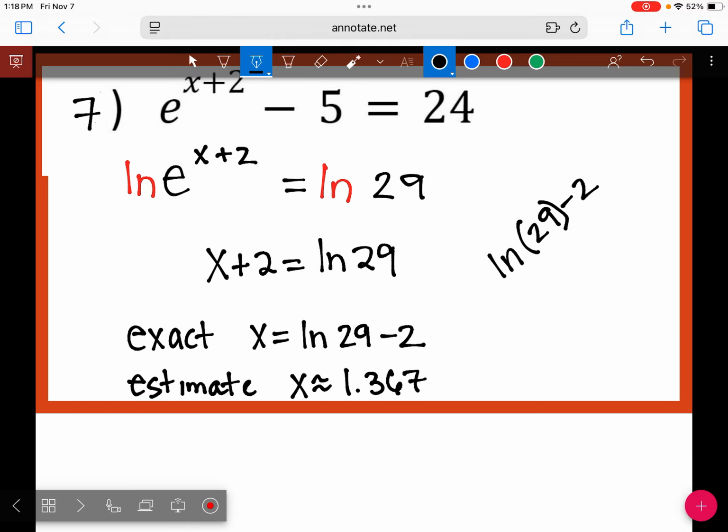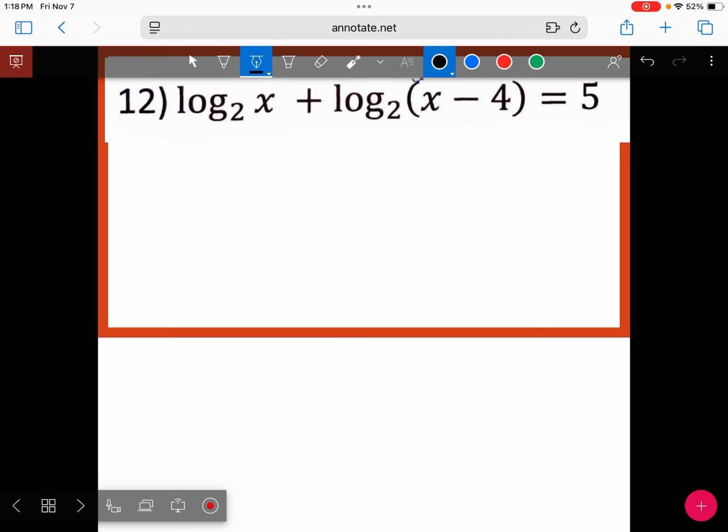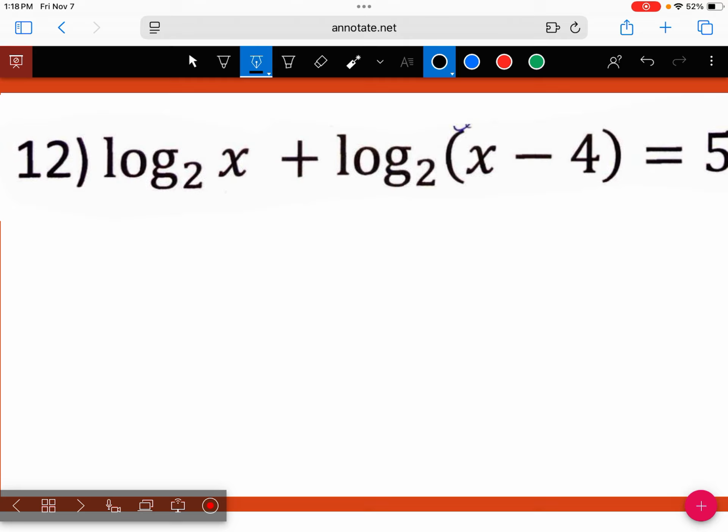Last one. Number 8. Now, this one involves a property.